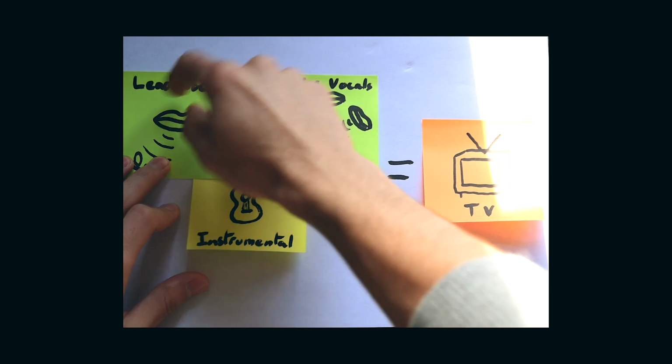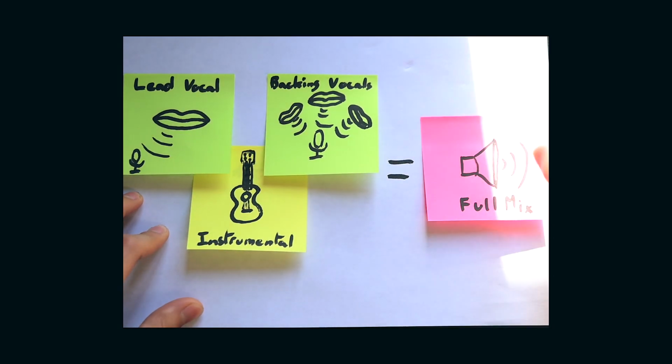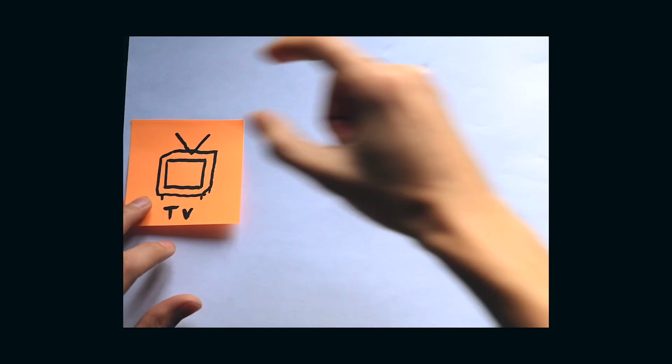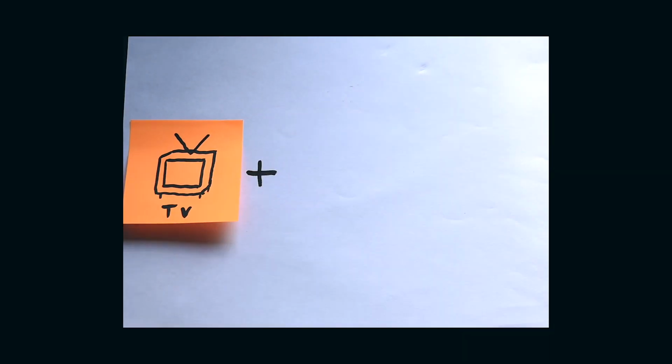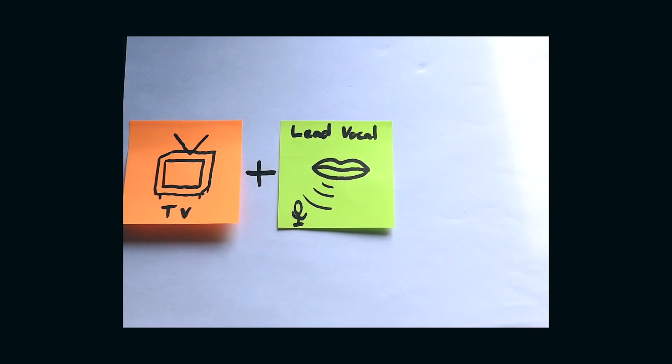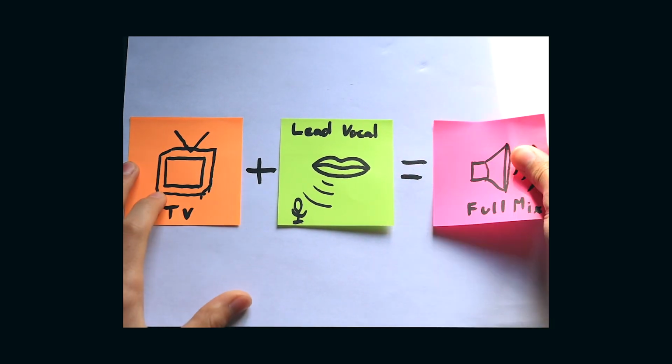Having those 4 stems, the lead vocal stem, the TV stem, the instrumental stem, and the full mix, allows the mastering engineer to virtually do anything they want. For example, if they want to reconstruct the full mix, they can take the lead vocal stem and the TV stem, and adjust the level of these 2 stems to adjust the level of the vocals.